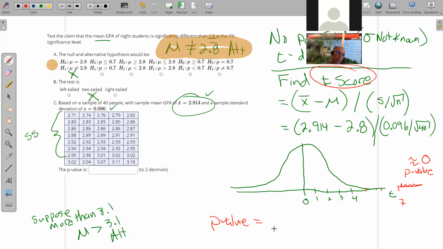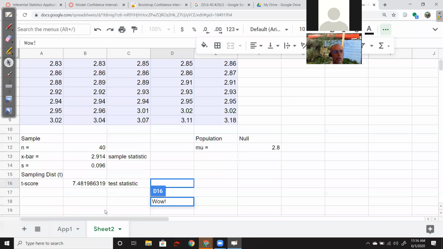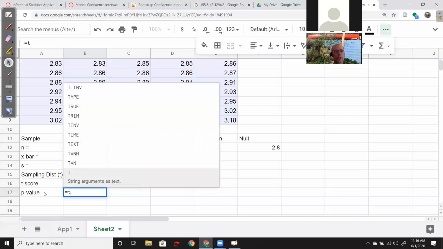I showed last week how to calculate a p-value with the norm.dist. So here we're going to use, I think it's called the t.dist. I better look that up on my spreadsheet. After I get the test statistic, I'm ready to find the p-value. There's no t.dist.